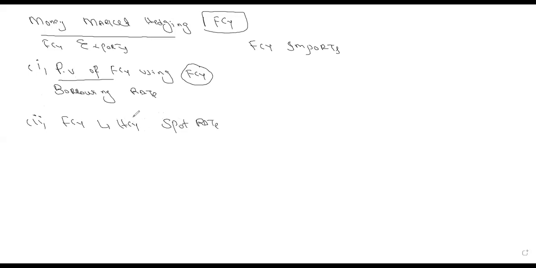Now, as you have converted this into your home currency, the third step is you will invest this home currency using the home currency lending rate.